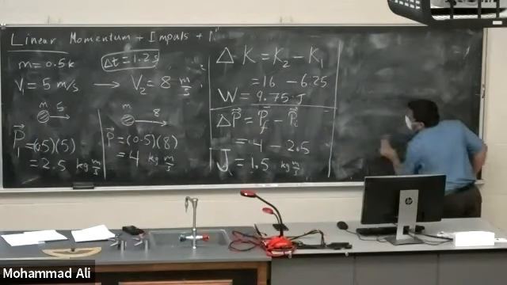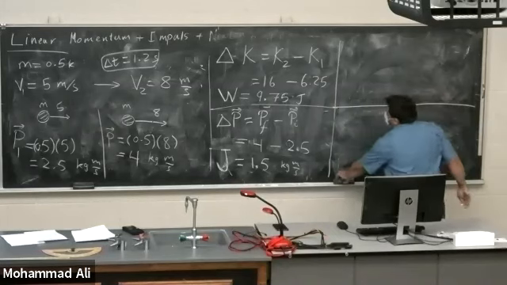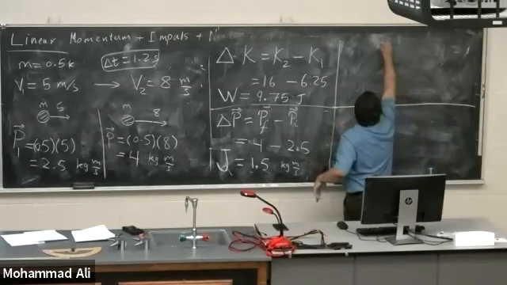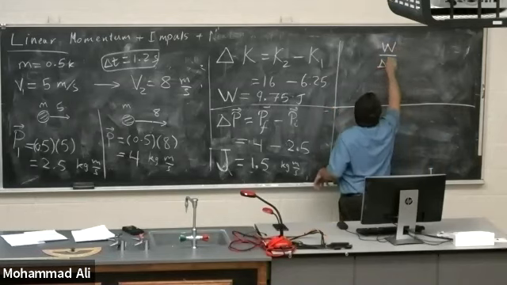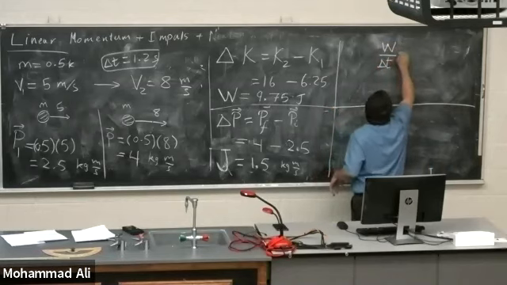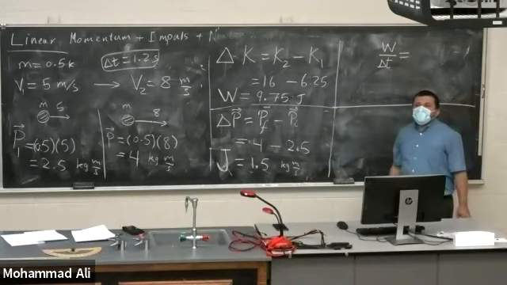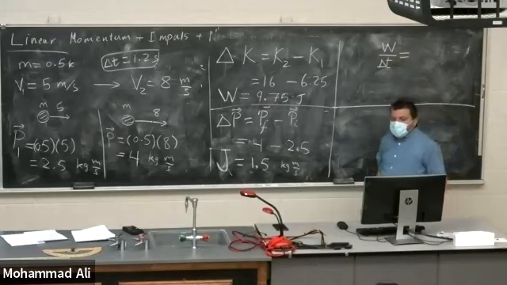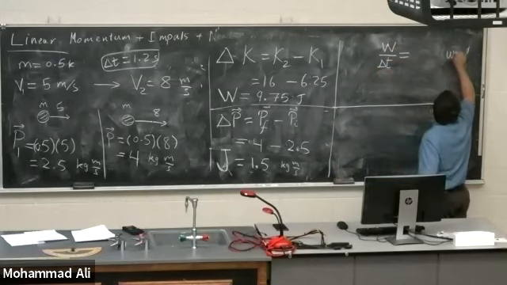Another thing, let us continue comparing energy and momentum. If we divide the work over delta T, what is this quantity equal to? It was in the lecture before. What is the work divided by the time? It is measured in what?